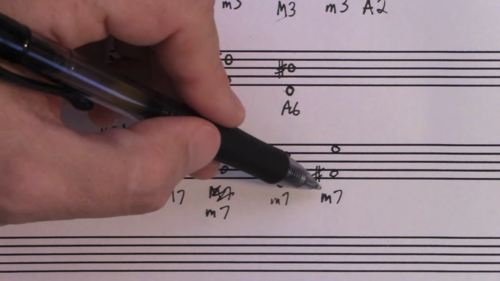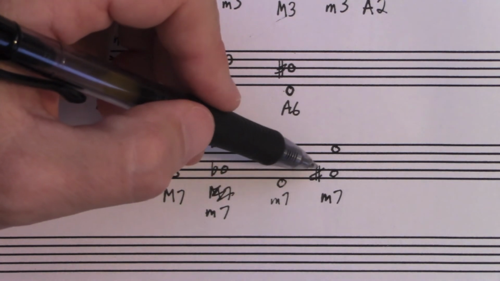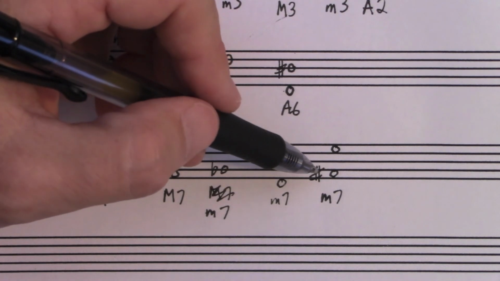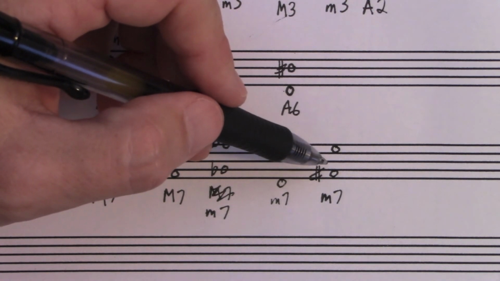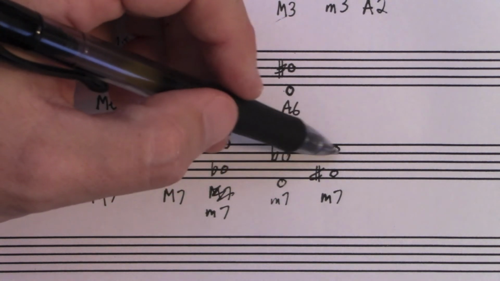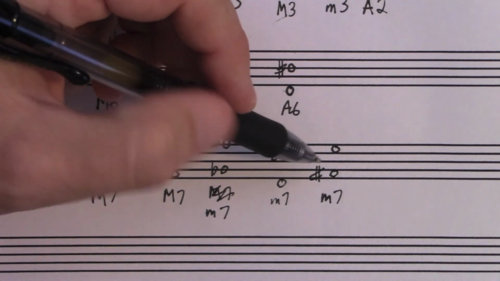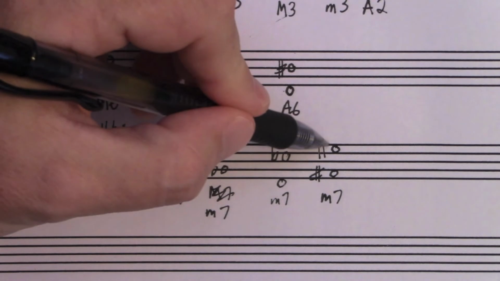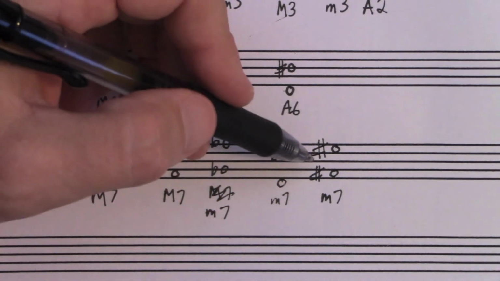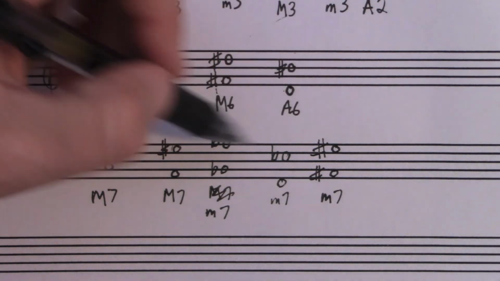Well, A sharp, B, C, C sharp, D sharp, E, F, F sharp, G. Oh, that was 9 half steps, but we need 10. There. Minor seventh. Okay, 10 half steps.